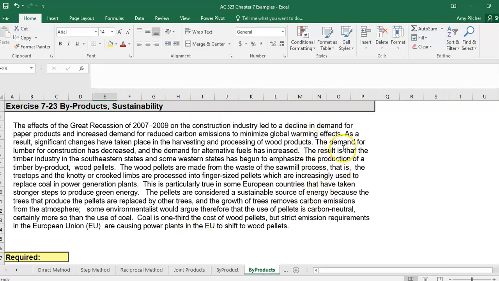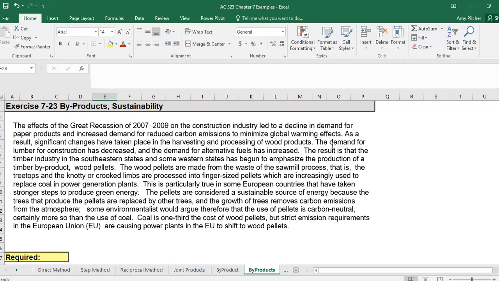The next couple of examples are looking at, instead of numerical amounts, some different information about these amounts. So in this first question, we're looking at the recession from 2007 to 2009. The construction industry saw a decline in demand for paper products and increased demand for reduced carbon emissions.